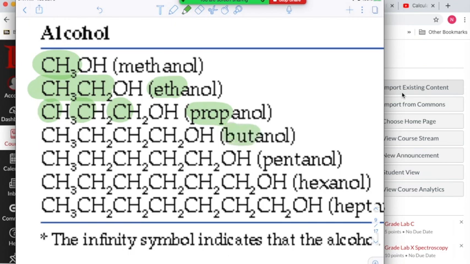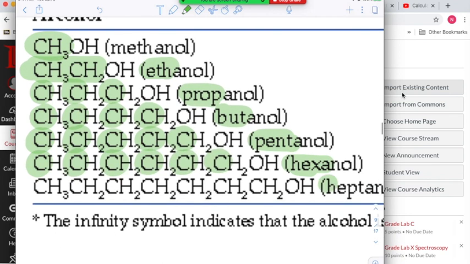But means 4, so 1, 2, 3, 4. Pent is 5, 1, 2, 3, 4, 5. Hex is 6, 1, 2, 3, 4, 5, 6. And here we have hept, which is 7, 1, 2, 3, 4, 5, 6, 7.